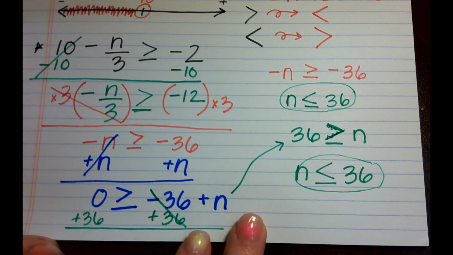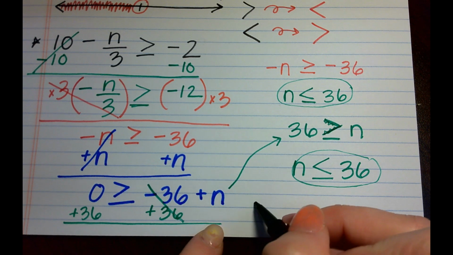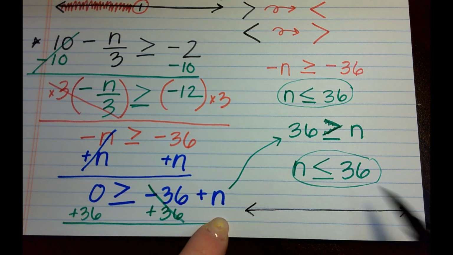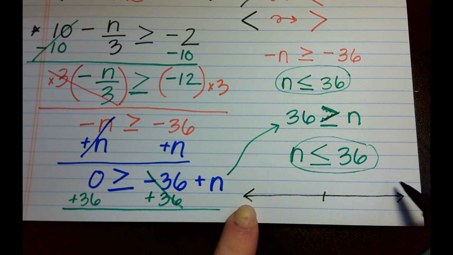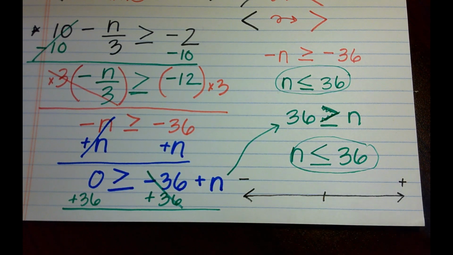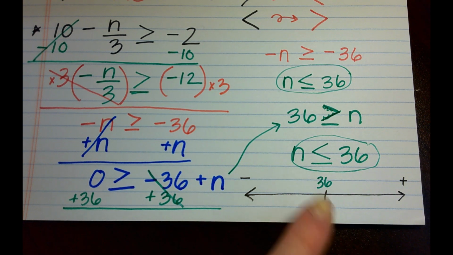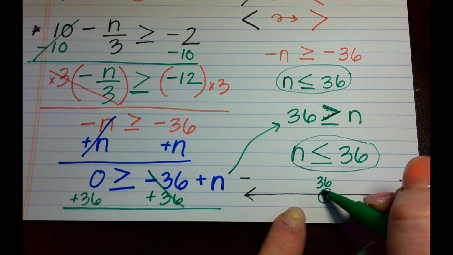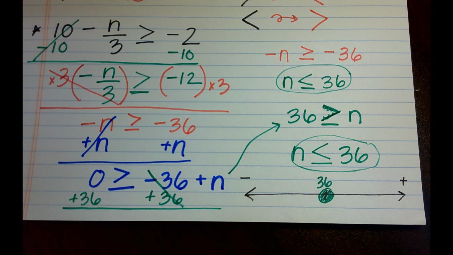Okay, let's also graph this. So if my answer is n is less than or equal to 36, here's my number line, here's my tick mark, my plus, my minus. We're going to put 36 on that number line. We're going to make a circle and we are going to color it in this time. Why? Because it's less than or equal to.